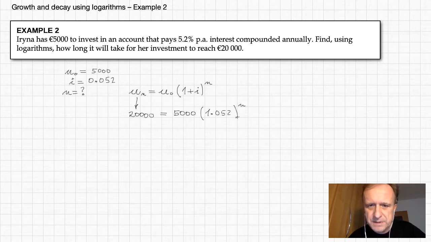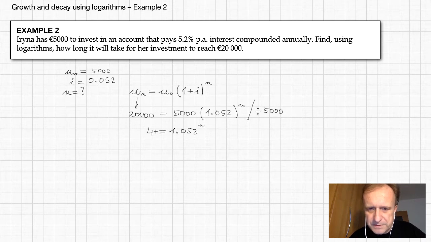Okay, so you see this is an exponential equation and your unknown is n, and it's up there in the exponent. So what we can do here is to simplify it a bit. What I can do is to divide this equation by 5,000, and 20 divided by 5 is just 4, so 4 equals 1.052 to the power of n.